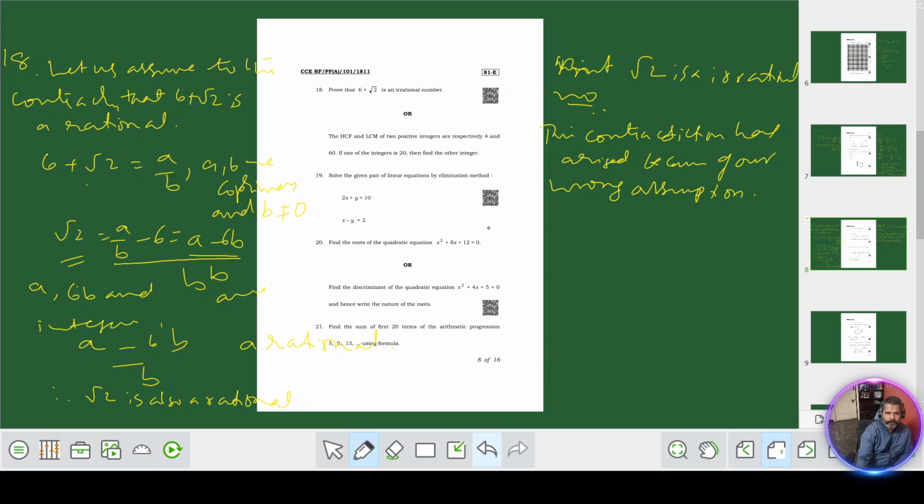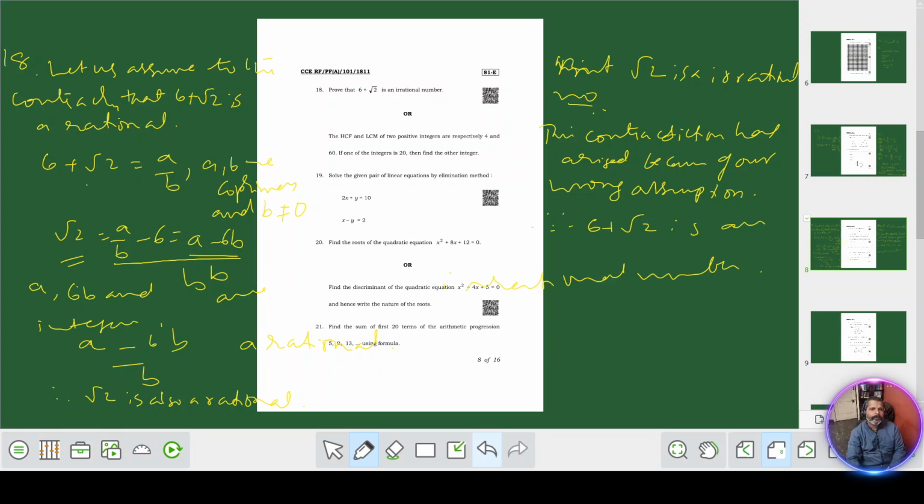Therefore, just conclude here: 6 plus root 2 is an irrational number. Okay.